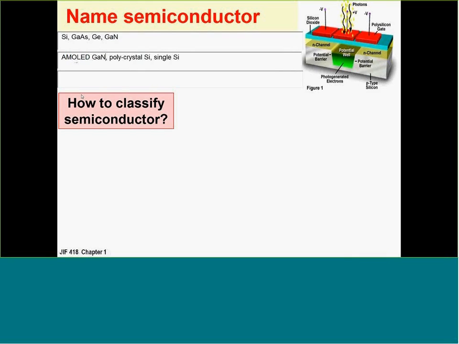Okay, so you see by now, I hope, that just by looking at the name, you will at least get the electrical properties of it. That's why it's important for you to at least know how to classify the semiconductor based on its name.